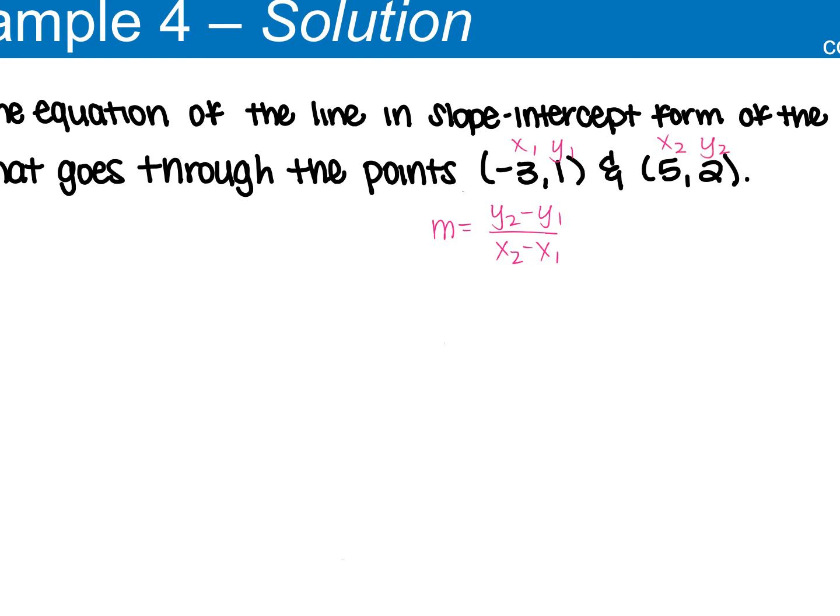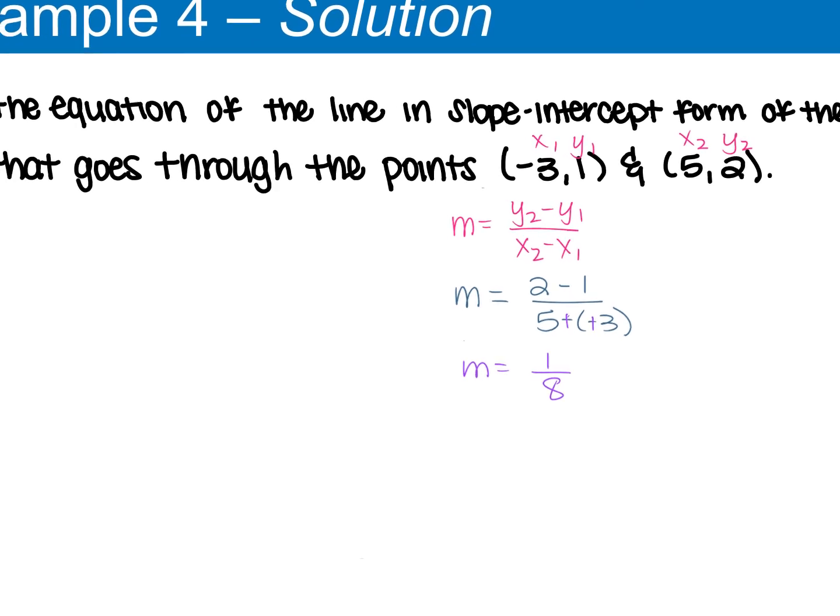So plugging these values in, that's going to give us m is equal to 2 minus 1 over 5 minus negative 3. The 2 minus 1 is 1. 5 minus negative 3 becomes 5 plus 3, and that's just 1 over 8. So your slope is 1 over 8.